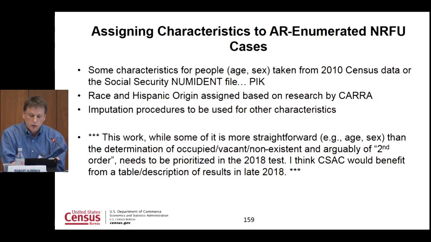So some of this work is straightforward, and arguably I think this is second order work because we have to establish which of these addresses fall into which categories first. But for those that are occupied, this needs to be prioritized, I think, in the 2018 test. And I think CSAC would benefit from tables and description of results as soon as possible after that 2018 test.